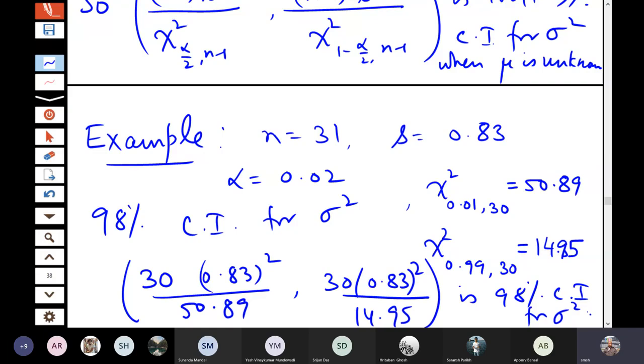So is it okay? Yes, sir. This is the method of pivoting for finding out the confidence intervals for parameters of a normal distribution. Now in place of one normal distribution, I may have two normal distributions. I may like to find out the confidence interval for mu1 minus mu2 or sigma 1 square by sigma 2 square, etc. Or say in Poisson distribution for lambda or in a gamma distribution.